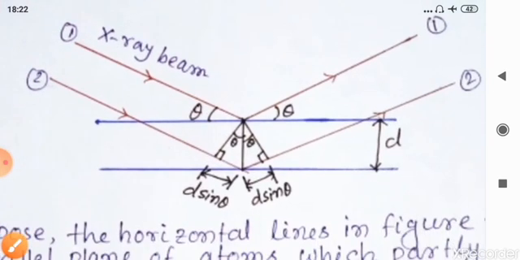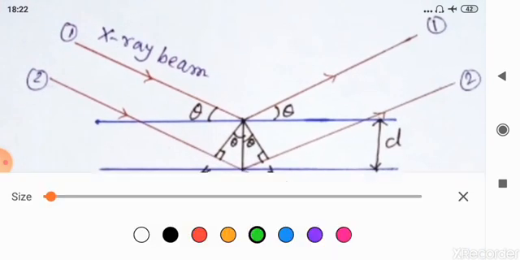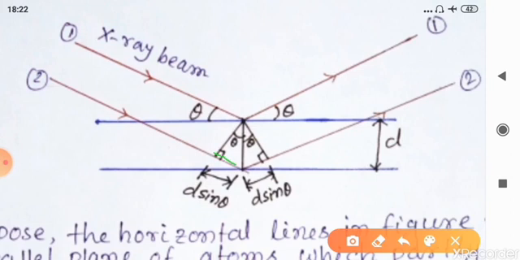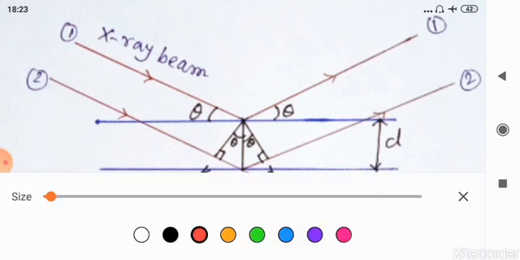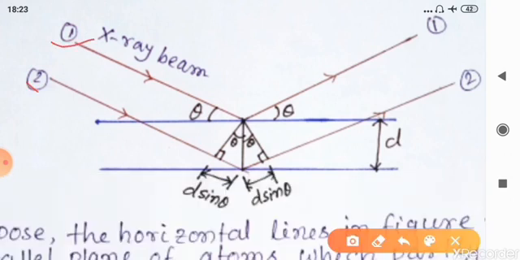If we zoom in on this picture, and say this is point A, this is point O and this is point B, then AO plus OB is the extra path that has to be traversed by the second ray compared to the first ray. So there is obviously a path difference between ray 1 and ray 2. And what is the path difference?